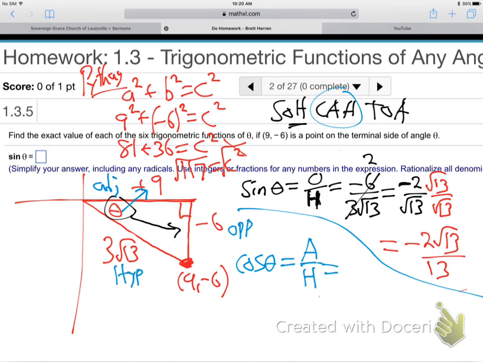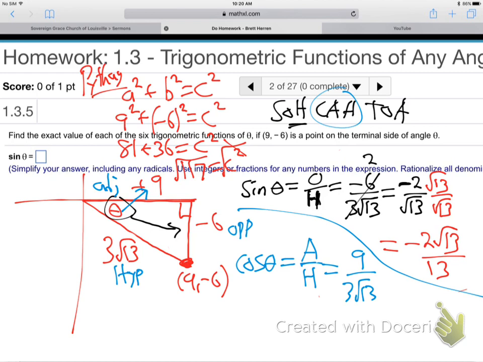Are you guys comfortable with that? See this angle theta here? Both these two sides hit angle theta, but this one's the hypotenuse. So this is the adjacent, it just means next to it, and this is the opposite. So adjacent over hypotenuse is 9 over 3 root 13.